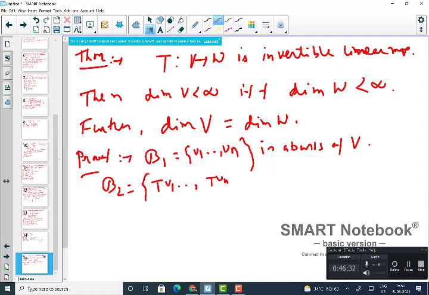This will be exactly a basis of W, because the range is full W, because T is invertible, right? So onto means the range is full W, and hence the range is generated by this. So I should not say basis here. This is a generating set, I should say.